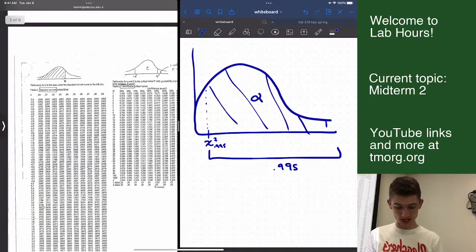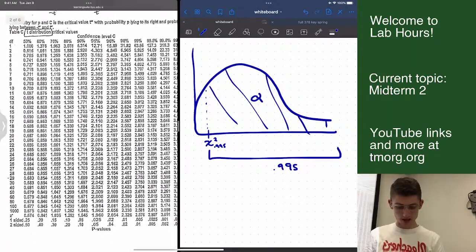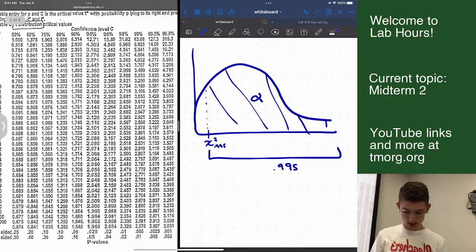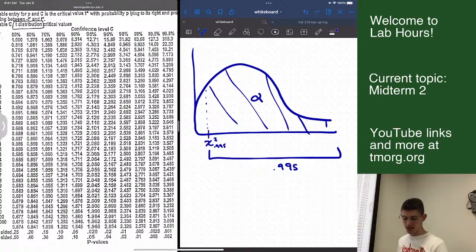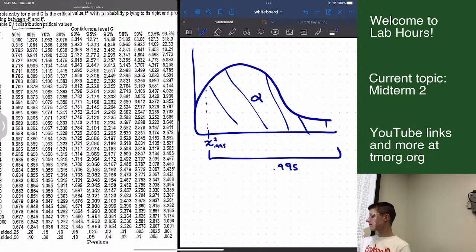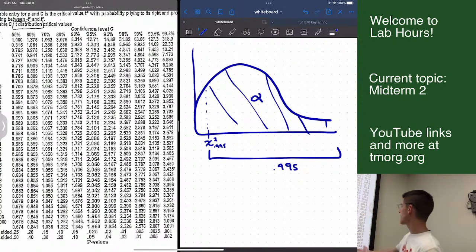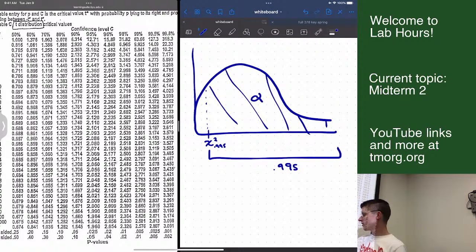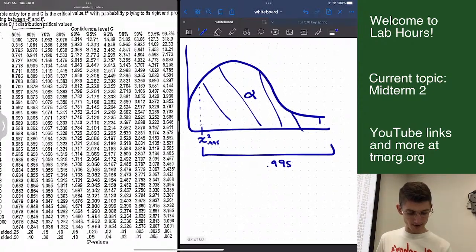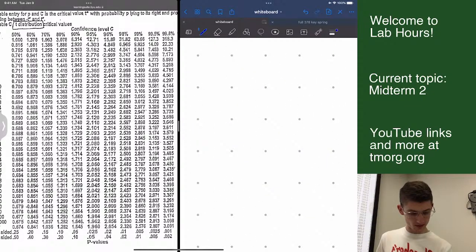What do these tables mean? Well, if I want to pick a t such that the probability of being greater than that t is equal to 0.01, then I come to this one-sided 0.01 column, right? How many degrees of freedom did I have? Let's say I have 1,000, and I set it equal to 2.33.